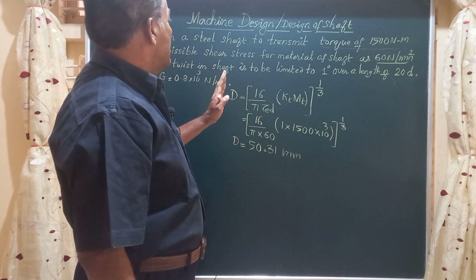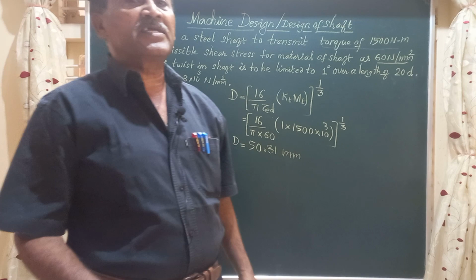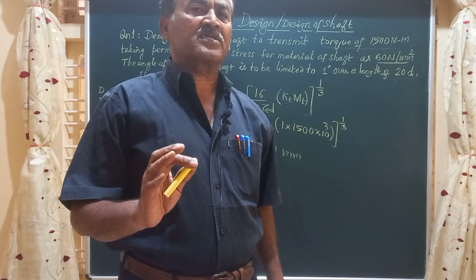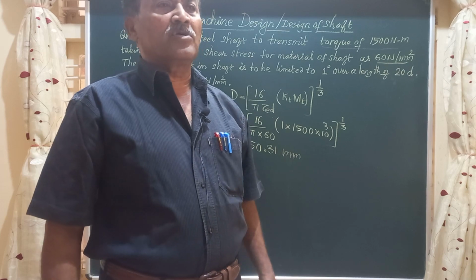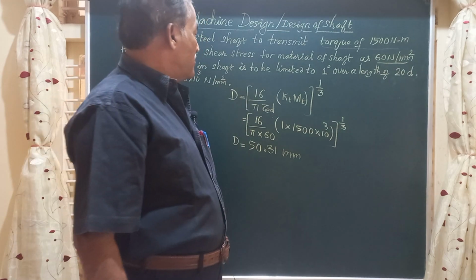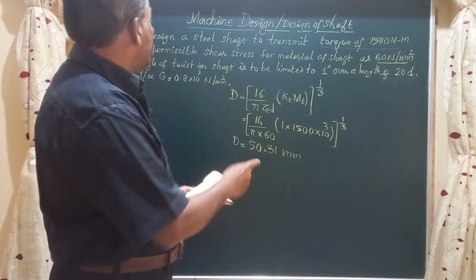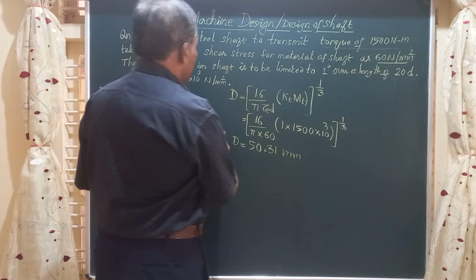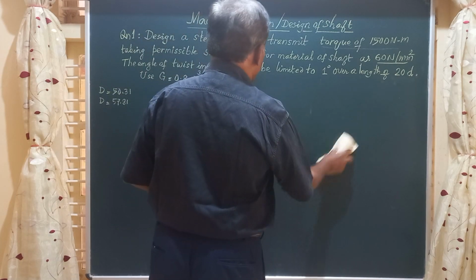But here he says further, the angle of twist while transmitting this torque should not exceed 1 degree over a length of so and so. So we have to find out the value of D again to satisfy the second requirement that the angle of twist is not to exceed 1 degree.